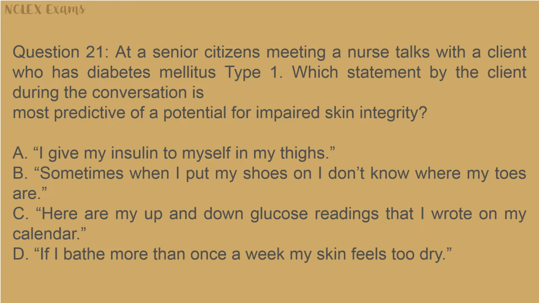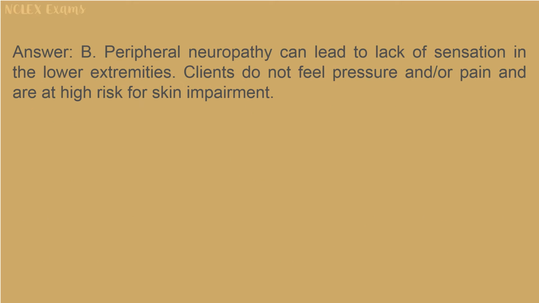C. Here are my up and down glucose readings that I wrote on my calendar. D. If I bathe more than once a week my skin feels too dry. Answer: B. Peripheral neuropathy can lead to lack of sensation in the lower extremities. Clients do not feel pressure and/or pain and are at high risk for skin impairment.